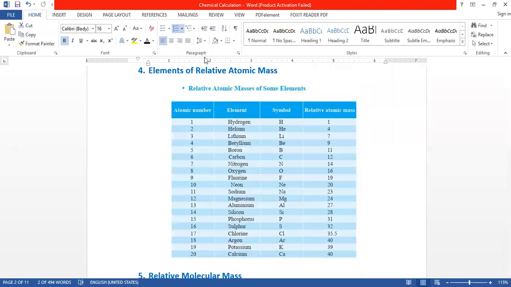But if you are an O-level student, I must say one thing: you must know this order. Hydrogen, helium, lithium, beryllium, boron, carbon, nitrogen, oxygen, fluorine. You must know these 20 elements order-wise. Otherwise it's really tough.